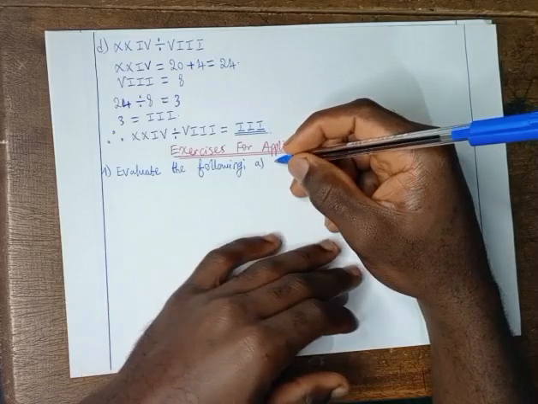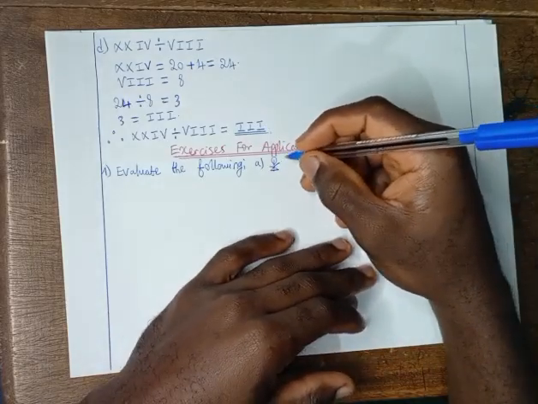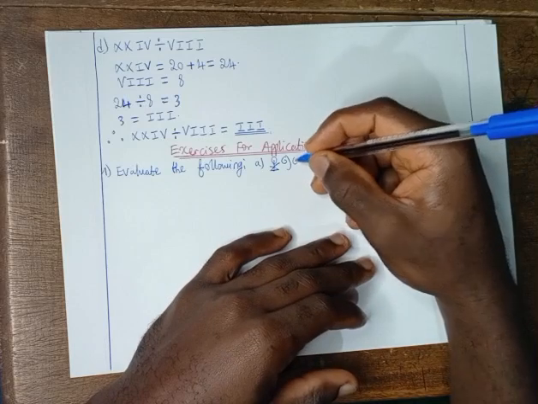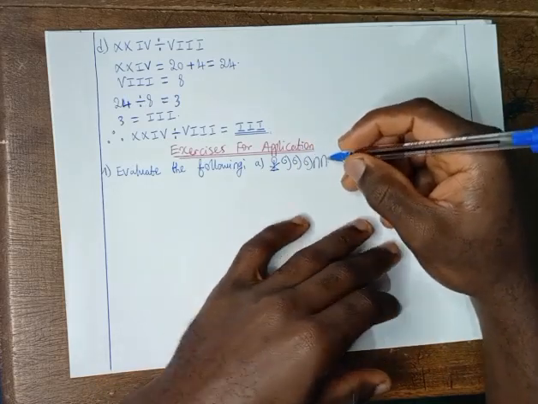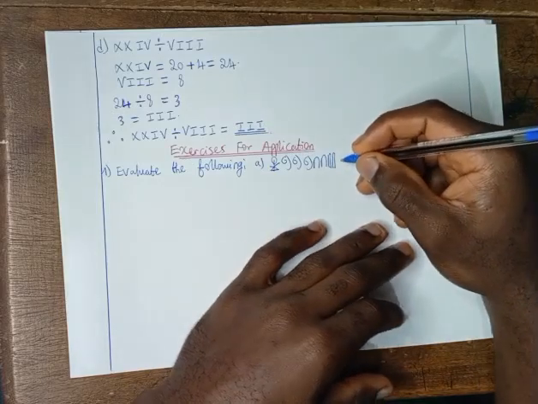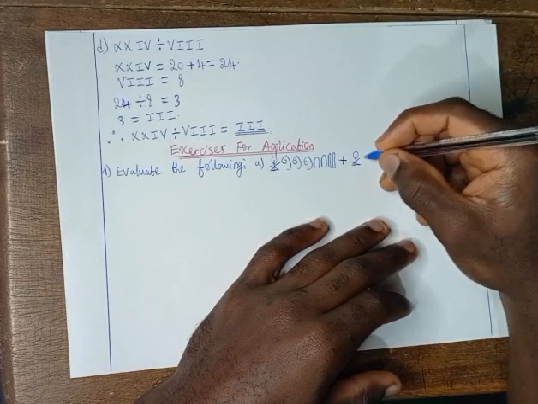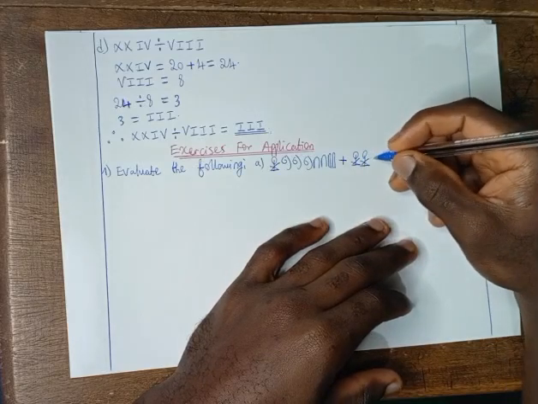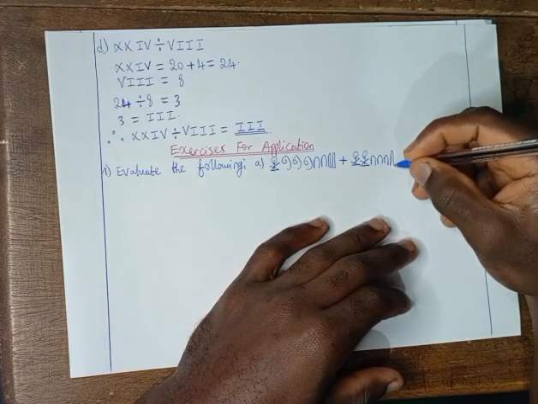For question A, we have the first number. It has the lotus flower with 3 spirals, 2 hell bones, and 2 straight fingers, plus the second number, which has 2 lotus flowers, 3 hell bones, and a straight finger.